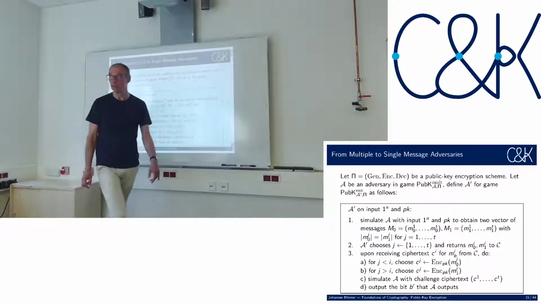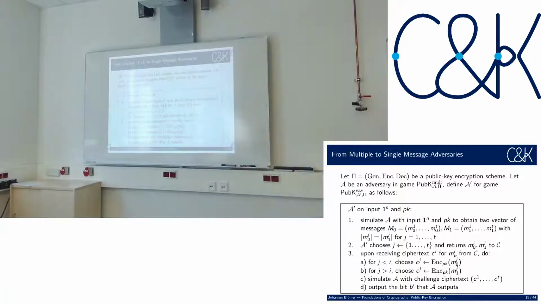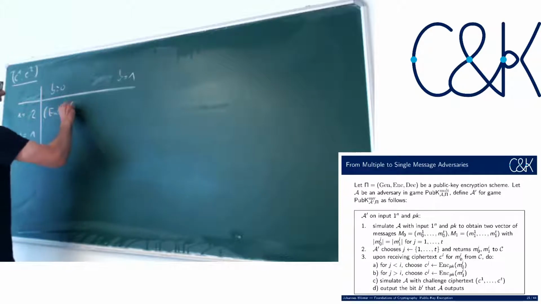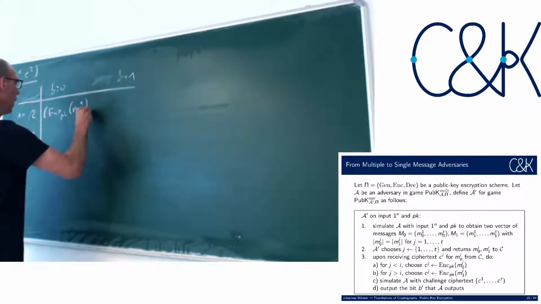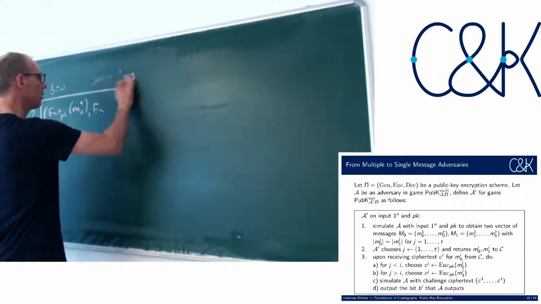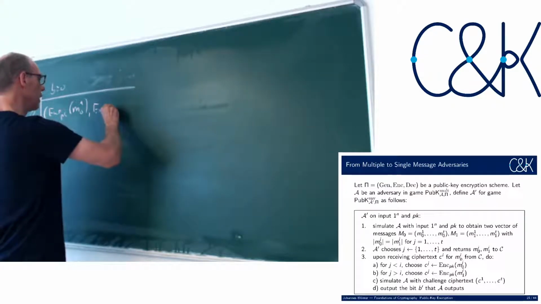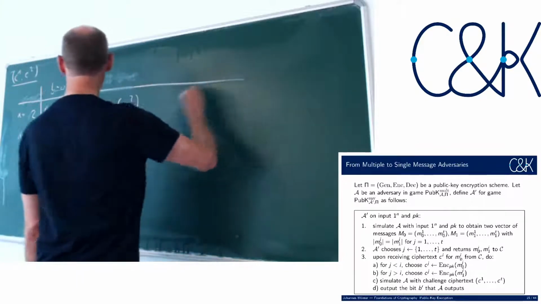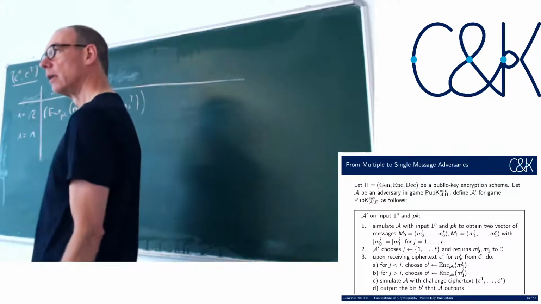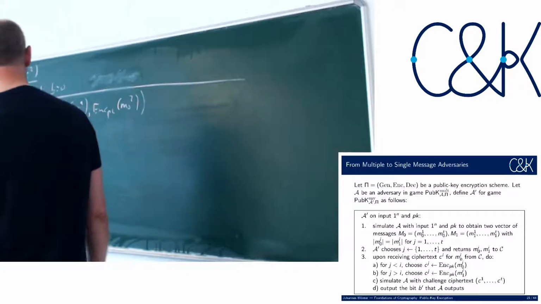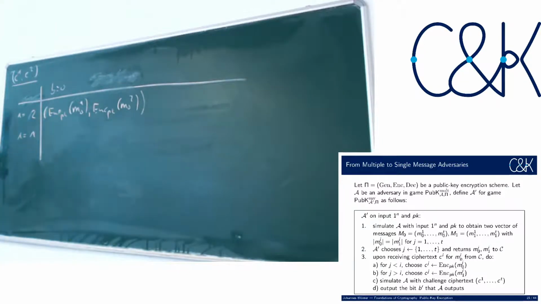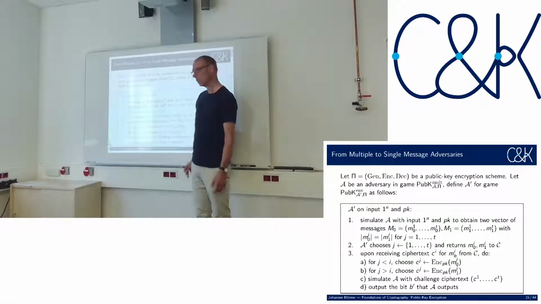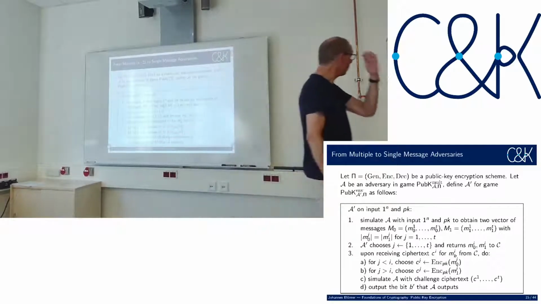So what I get here is the encryption under PK of M01 combined with the encryption under PK of M02, which is the encryption of this capital M0. Now let's look at the case that b is equal to 1.